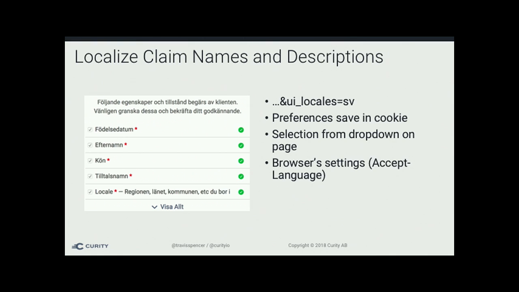Another important thing is to make sure that the claim names and the descriptions are localized. So here's a similar screenshot to the previous slides, but in Swedish. And the ways that you can localize this are many, but you need to do it. One way that you could do it is by using the UI locales query string parameter that's defined in OpenID Connect, where you can provide the locale, and then the OpenID Connect server's consent screen can react to that and see, like, okay, now the user is asking for Swedish.